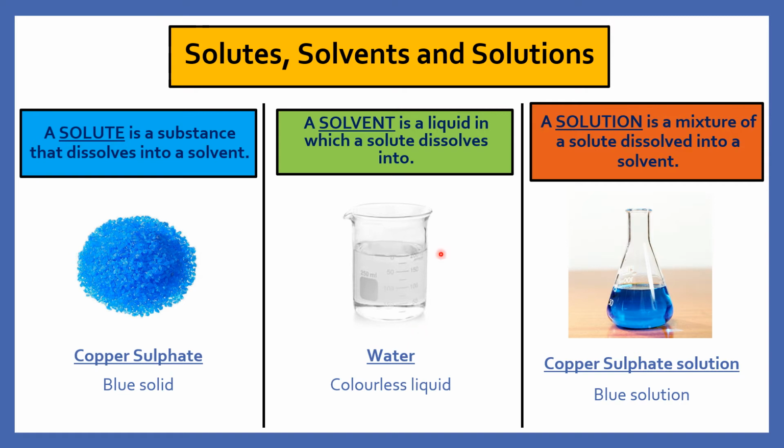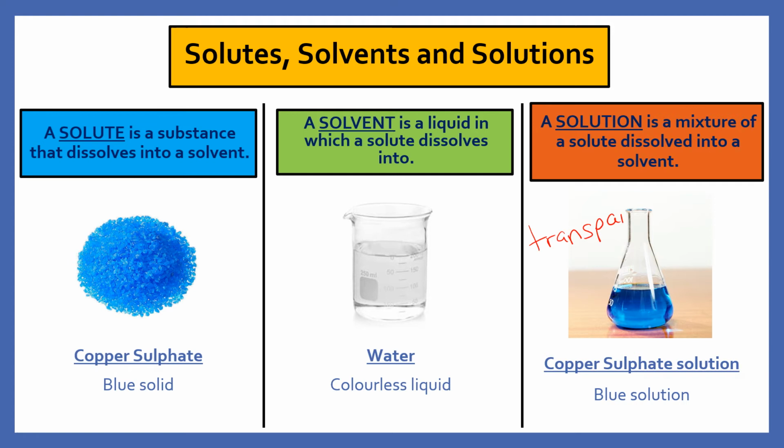Okay, because I'm dissolving the copper sulfate into the water, the water must be my solvent. When I dissolve my solute into the solvent, I make the solution. Now, a key thing about solutions is that they're always going to be transparent.